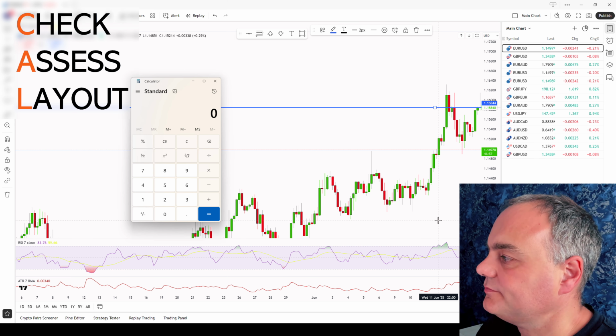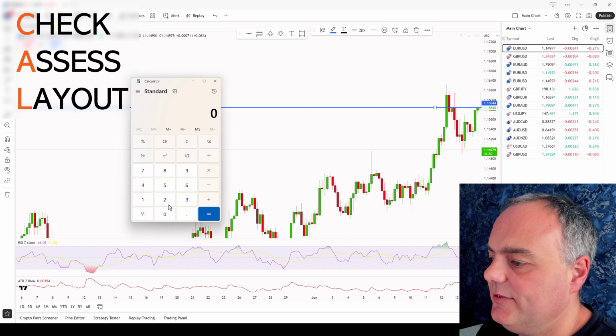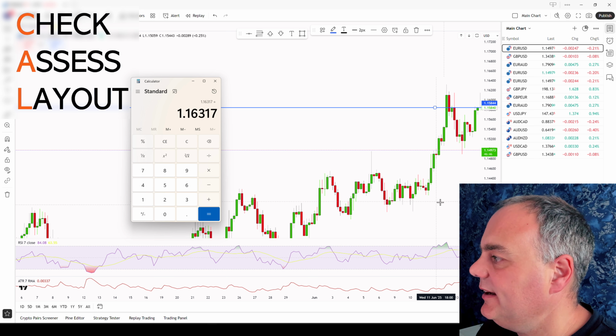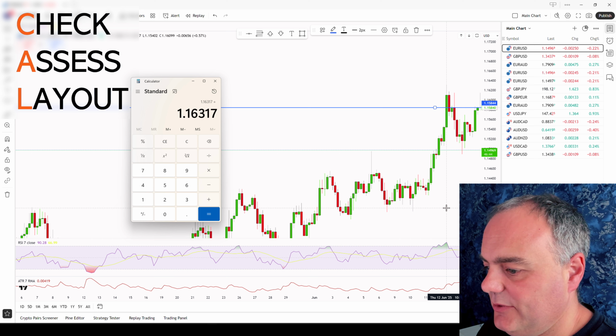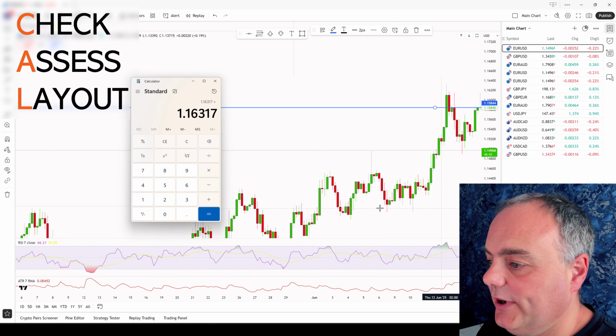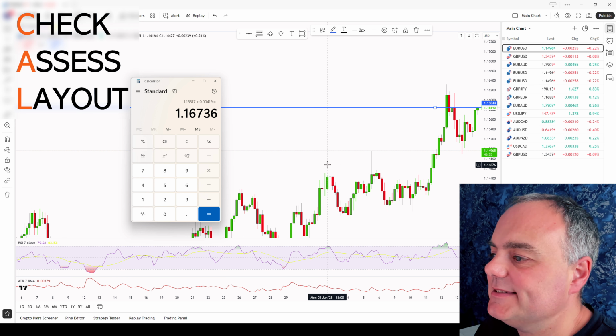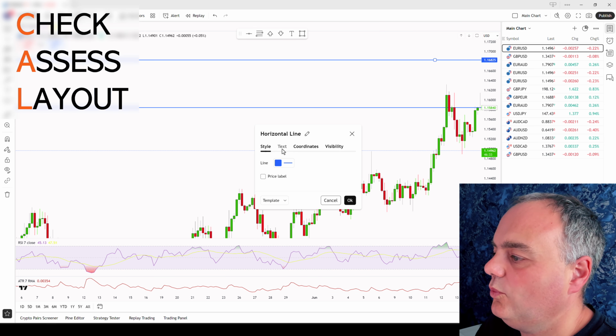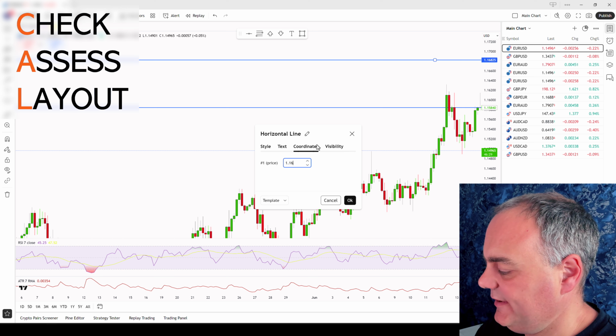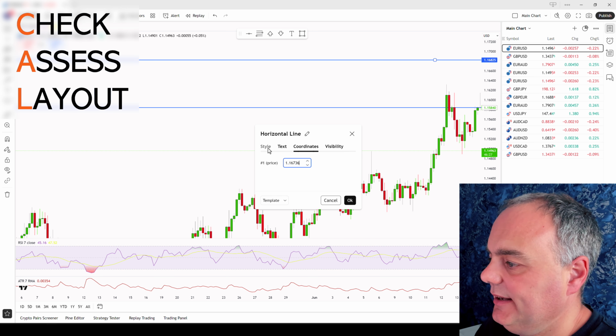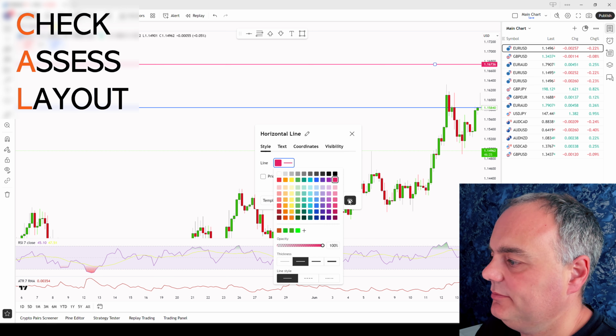So 1.16317 is our high. Add an ATR to it, which in this case is 0.00419. There we go, 1.16736. And let's make it red for a stop.